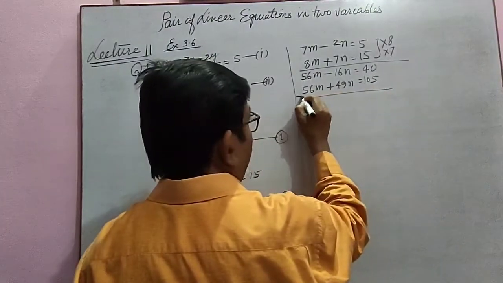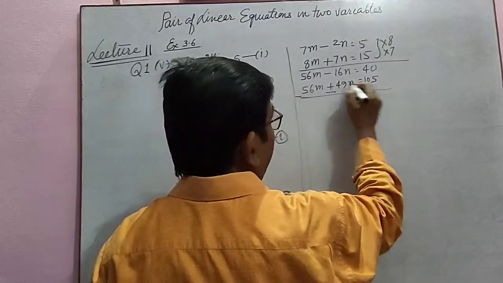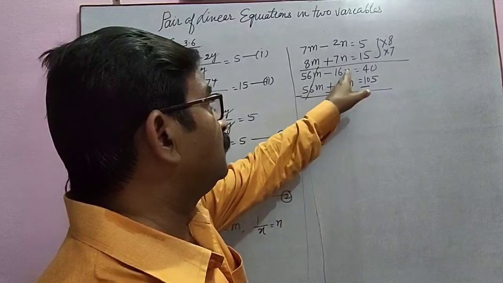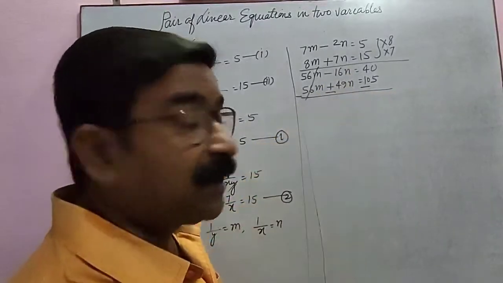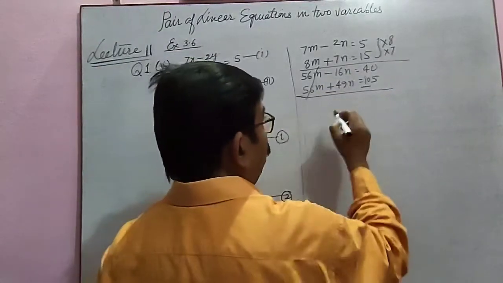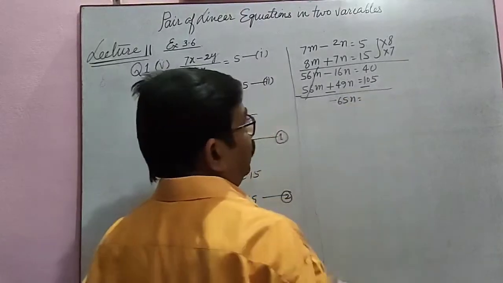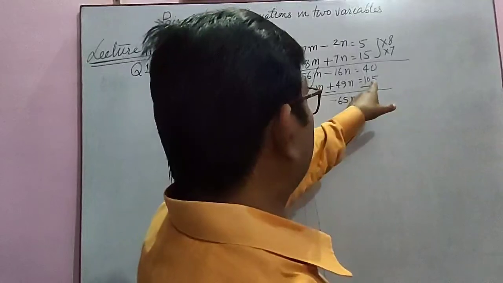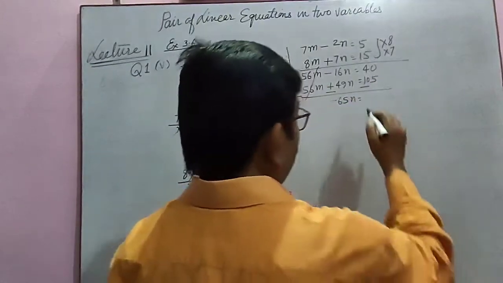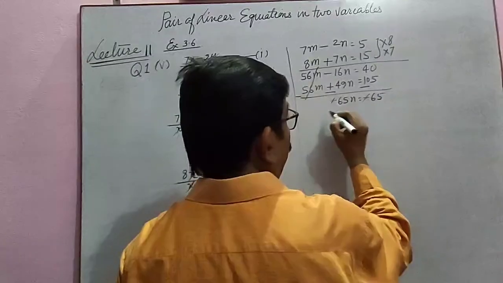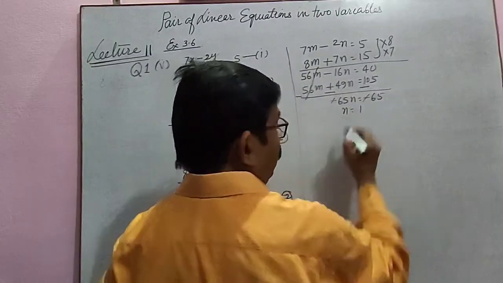Subtract. Minus and minus, this will go. 16n and 49n: subtracting the equations gives minus 65n equals minus 65. So n is equal to 1.